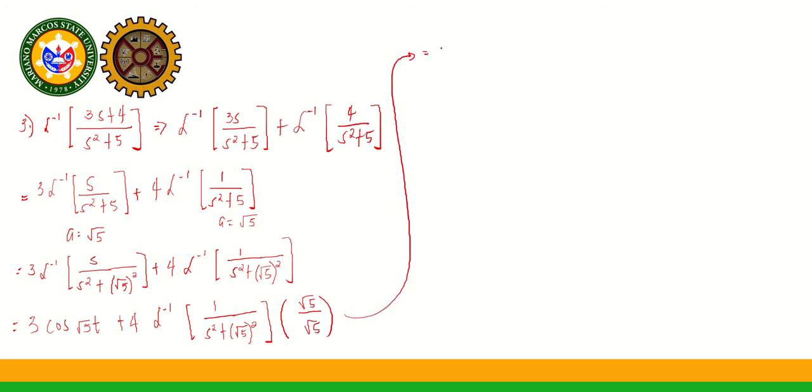This is equal to 3 cosine square root of 5t plus, okay, so this is constant. Pwede natin siyang i-isolate. So, 4 over square root of 5 times the inverse Laplace of square root of 5 kasi 1 times square root of 5 over s squared plus square root of 5 quantity squared.